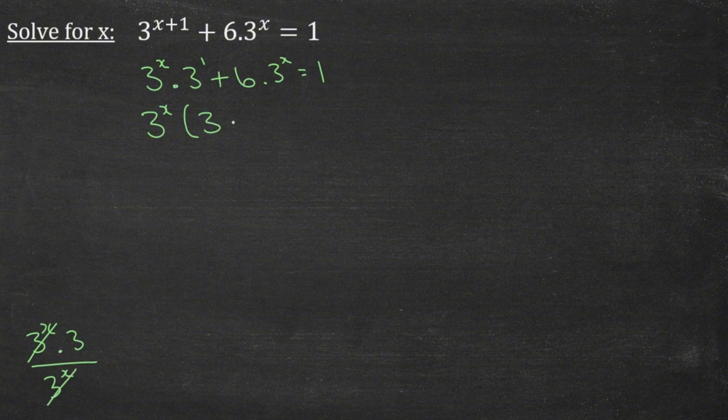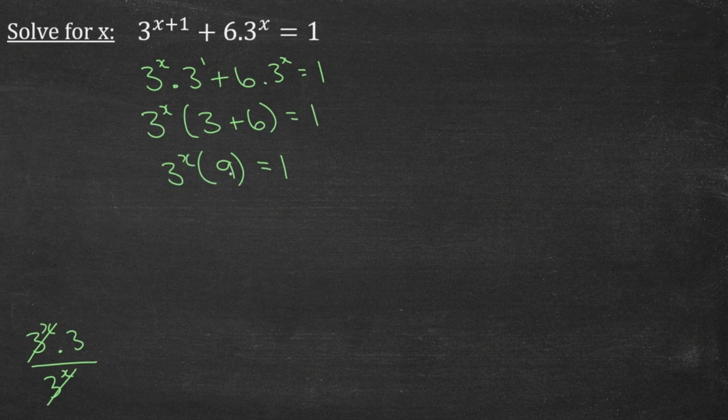The 3. Okay, so plus, and now for this term, if I have to divide this term by my common factor, what is left over? Yes, 6 is left over. And all equal to 1. Now I'm just going to simplify my bracket. That gives us 9. Again, equal to 1. All right, now on the left-hand side, I only have factors left.